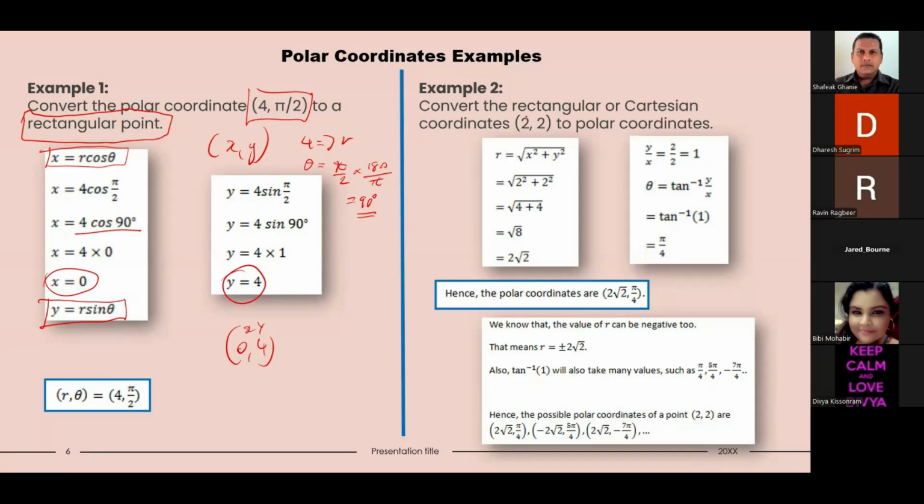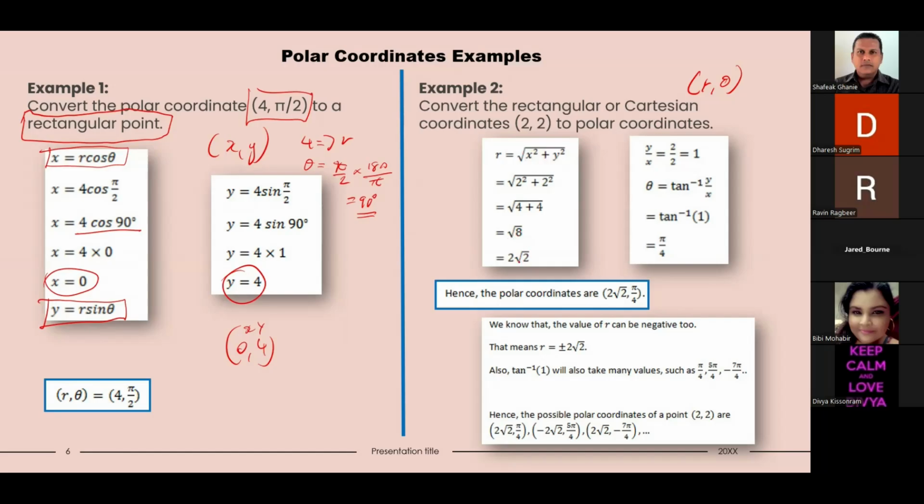For example number 2, they want us to convert the rectangular or Cartesian coordinates to polar coordinates. We know that polar coordinates are r and theta. So basically, we need to find the hypotenuse and the angle. We can simply do that by using Pythagoras theorem, putting the values, and you'll have the root of 8.